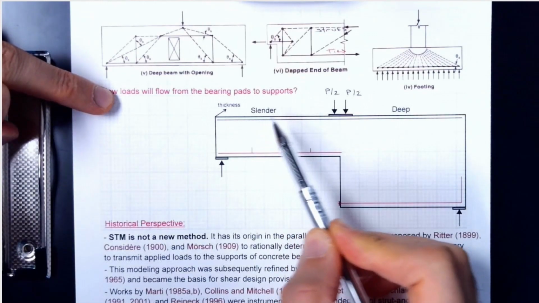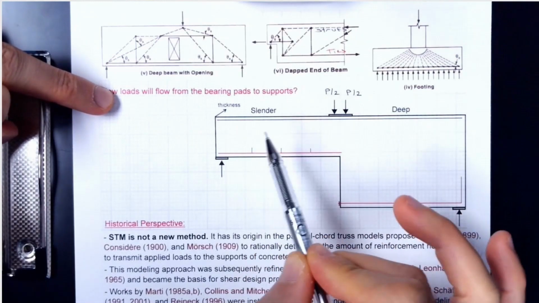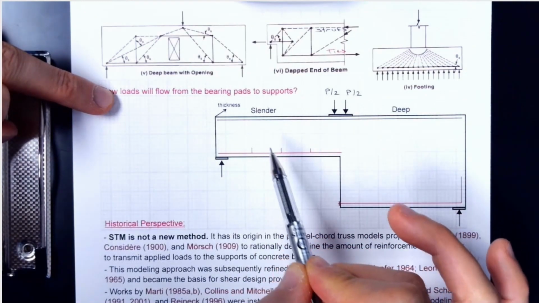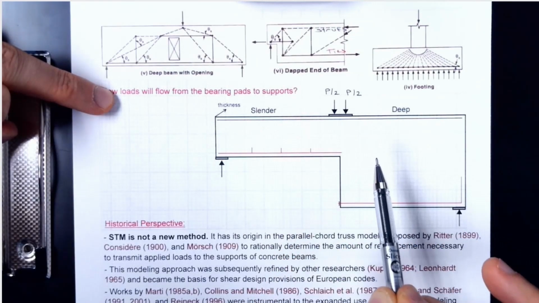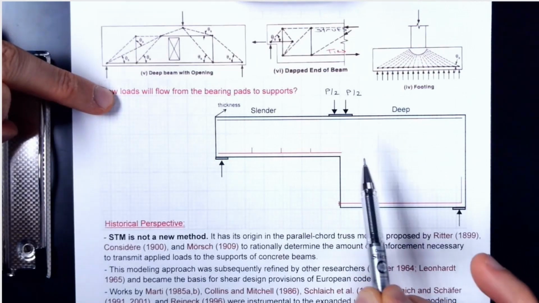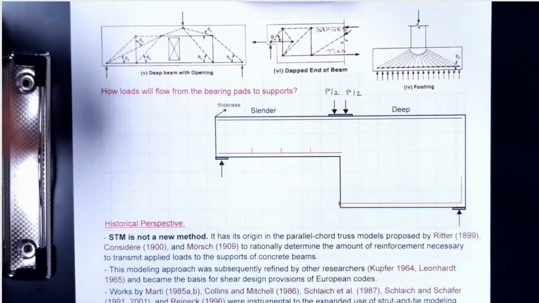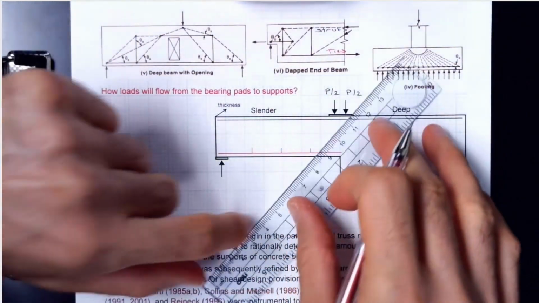Of course, every slender member will have deep regions, but it has a slender region at the middle. So that's what we mean. We call a member slender, means that there is a slender region at the centroid. A deep member does not have that. The deep member has no slender region. This is a completely deep region.